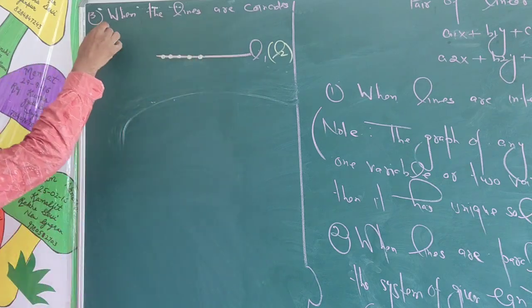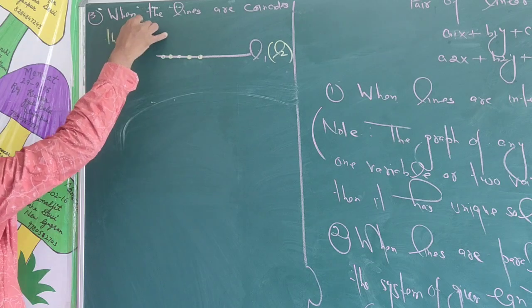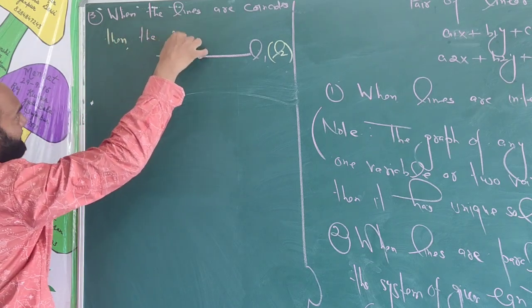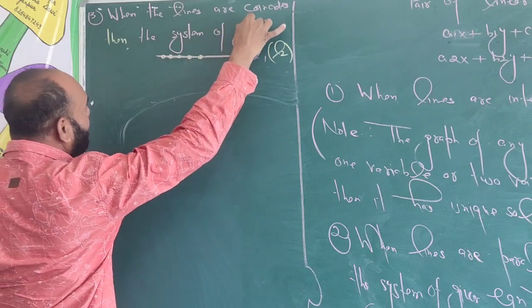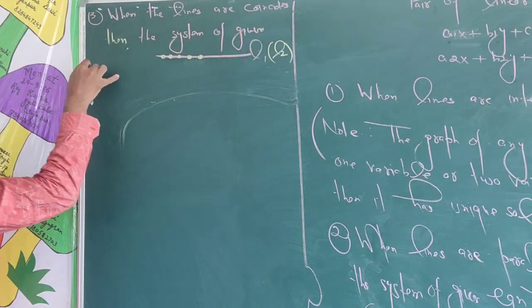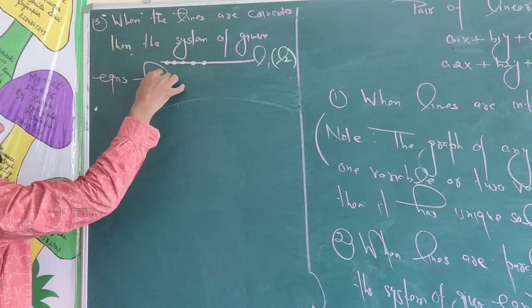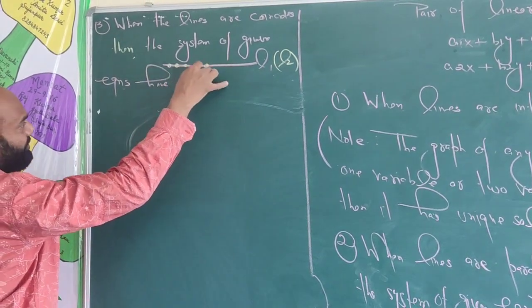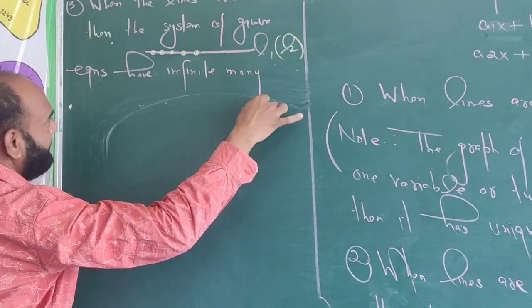When lines coincide, then the system of given equations has infinitely many solutions.